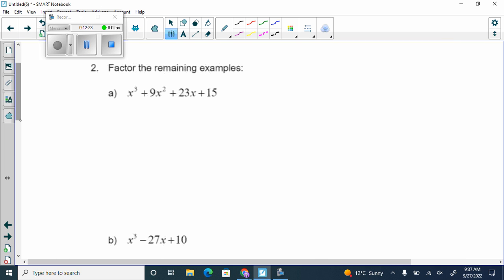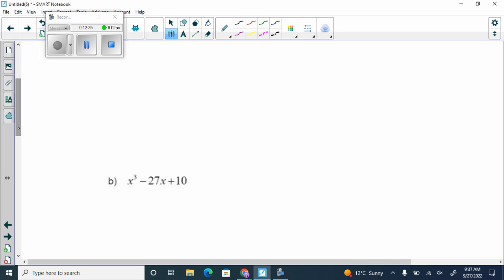So, we're going to go down to B here for a second. What are my possible x-intercepts? Plus or minus 1, plus or minus 2, plus or minus 5, plus or minus 10.